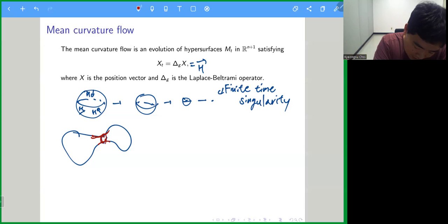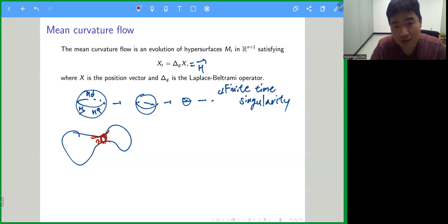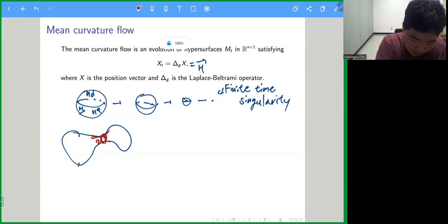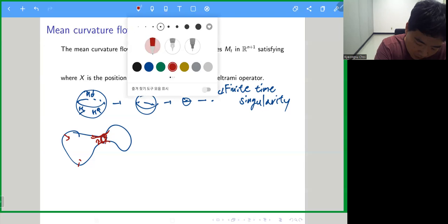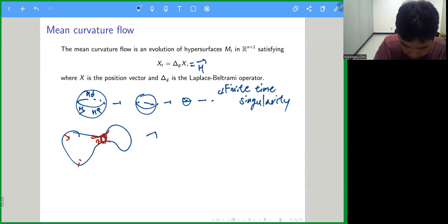So still, this neck moves towards the inside. You can see that its mean curvature must be greater than the mean curvature on the other sites. So as time goes by, sure, everything shrinks, but the neck shrinks faster than the other part. So we develop a singularity.